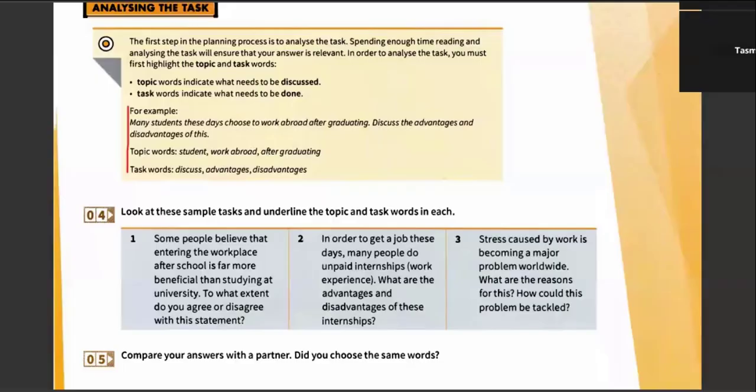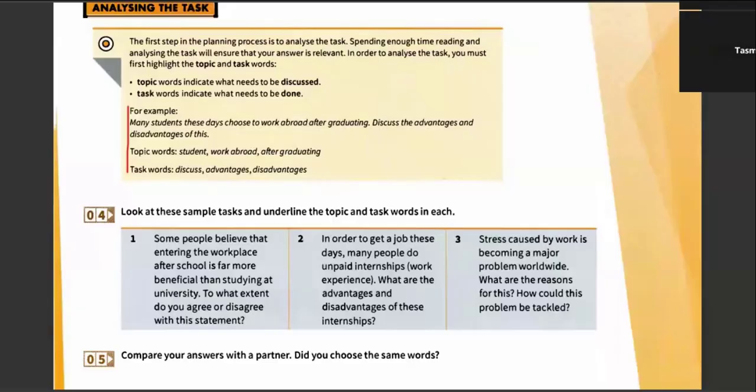Okay, for number two: get a job, unpaid, very good, internships, work experience. Excellent. Work experience is not necessary because it is already in brackets, showing that this is just for understanding. So yes, get a job and unpaid internships. Very good. What about the task words?